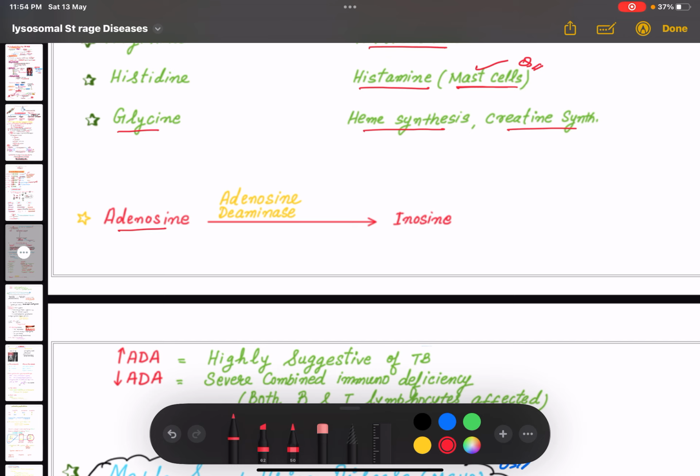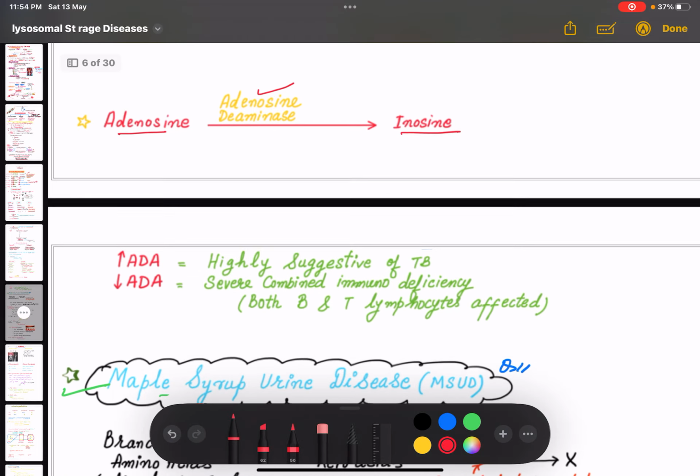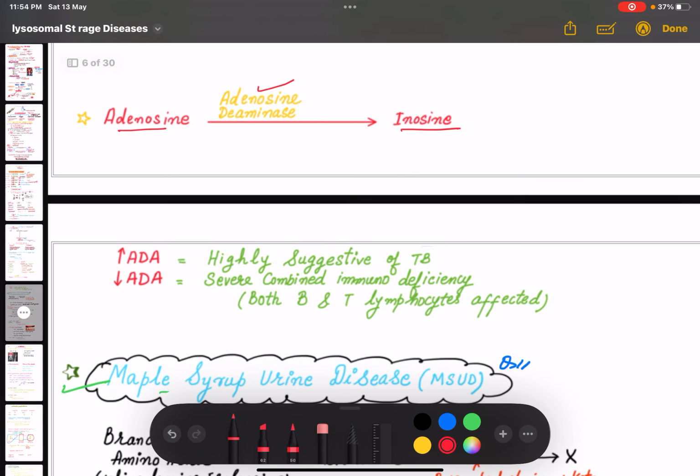Adenosine, once it is acted on by adenosine deaminase, gets converted into inosine. Now what is the importance of adenosine deaminase? If there is increased adenosine deaminase, it is highly suggestive of tuberculosis. Very important.